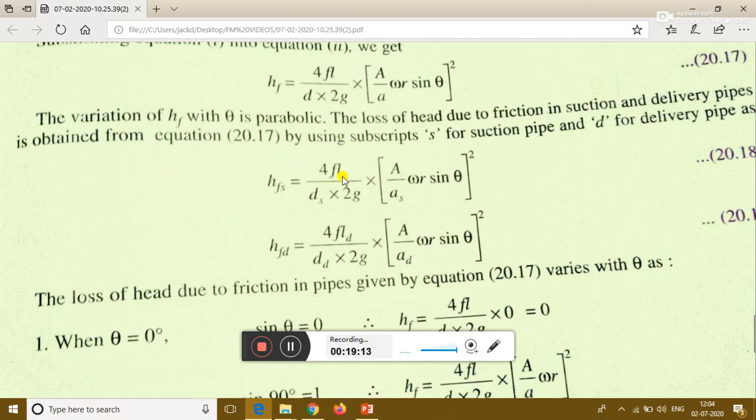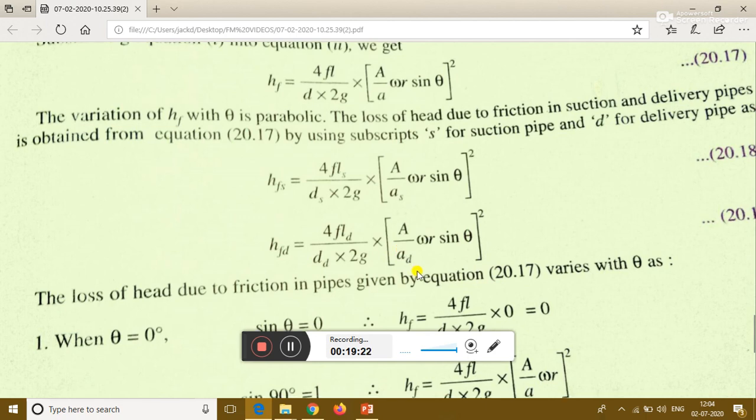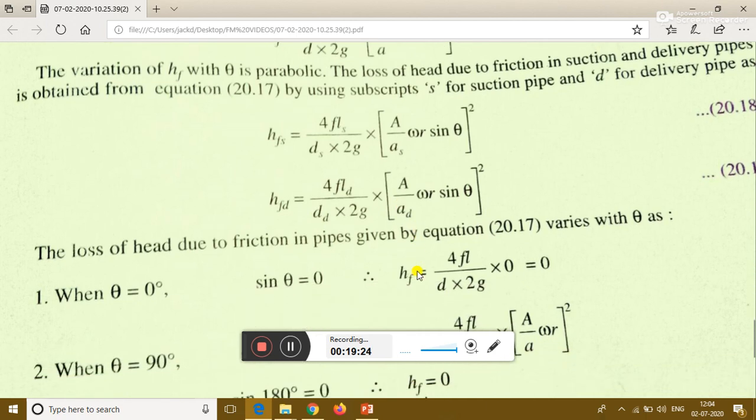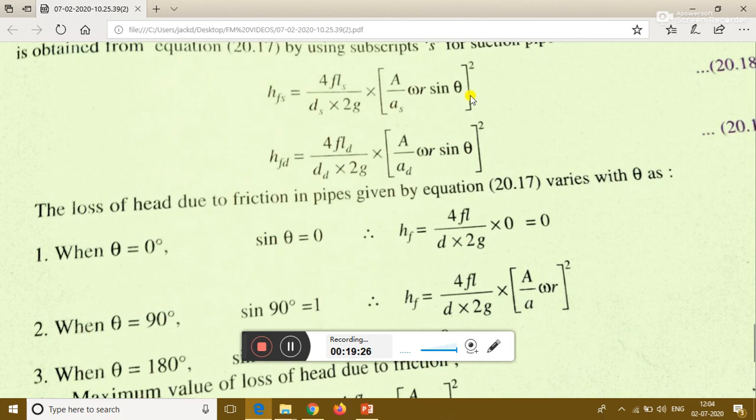If it is suction, it becomes Ls, Ds and As, and if it is delivery, it becomes Ld, Dd and Ad, like in the previous case. Now we know that this variation is with respect to theta because all the rest are constants. You put theta equal to 0, sin theta becomes 0, and h_f equal to 0.